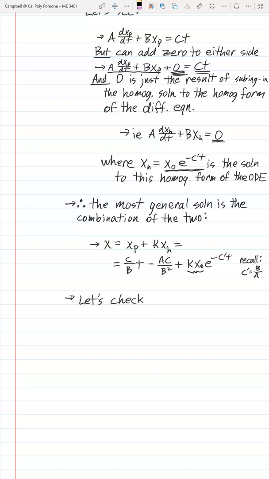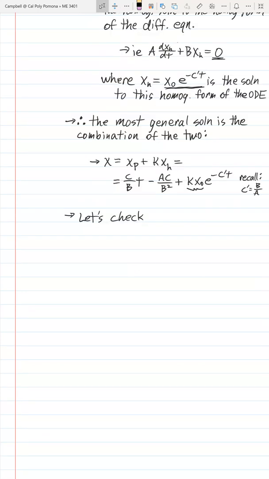We already checked the particular solution that came about because of what we in the math world would call the non-homogeneous side of the differential equation. In the engineering world, we would call that our input or our forcing function. So we already checked that for the particular solution. Now let's do it for this overall solution.